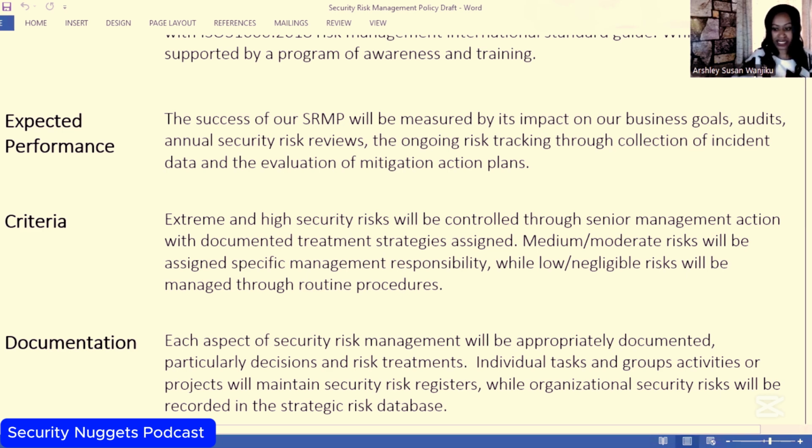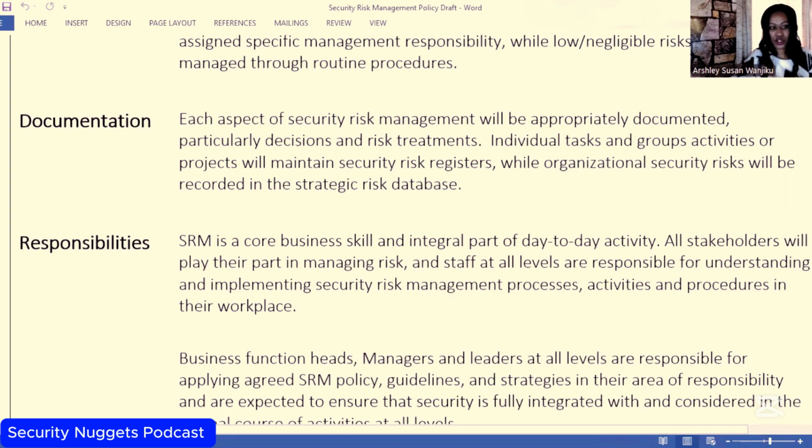Now we have documentation. As far as documentation goes, each aspect of security risk management will be appropriately documented, particularly decisions and risk treatments. Individual tasks and group activities or projects will maintain security risk registers, while organizational security risks will be recorded in the strategic risk database.